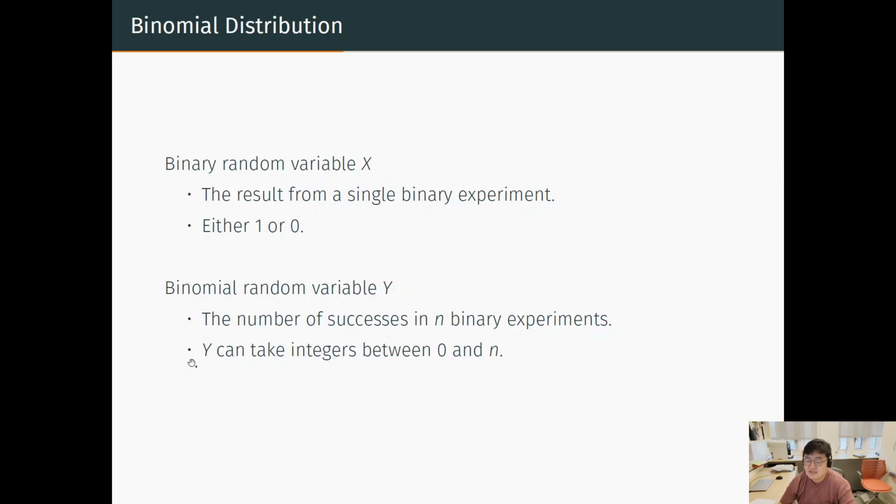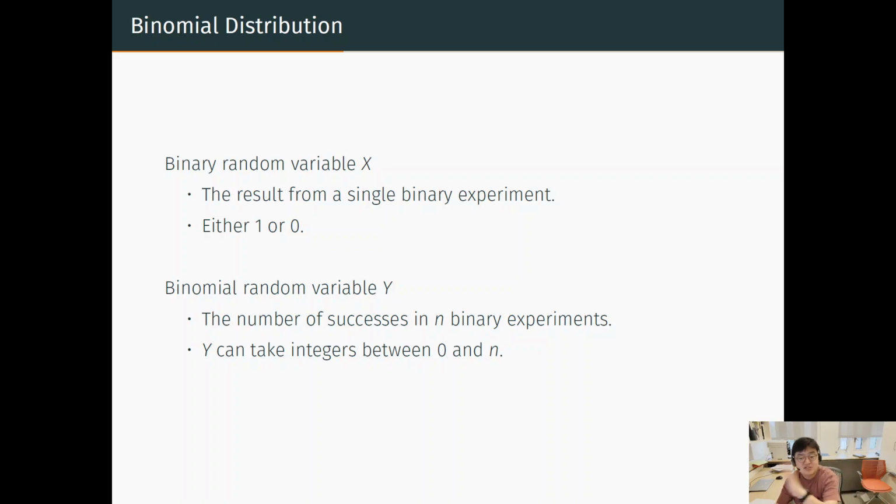And then in this case, the outcome is not just 1 or 0. So for example, if you throw a coin 100 times, then the number of heads can be an integer from 0 to 100. If you throw a coin 100 times, in an extremely unlucky case, you are going to get 0 heads.